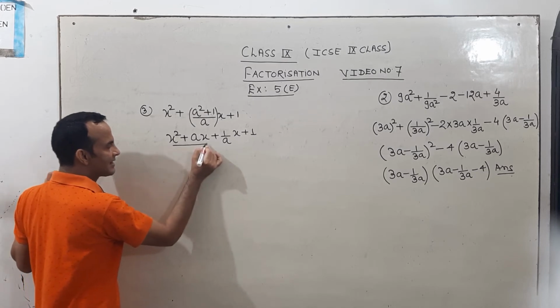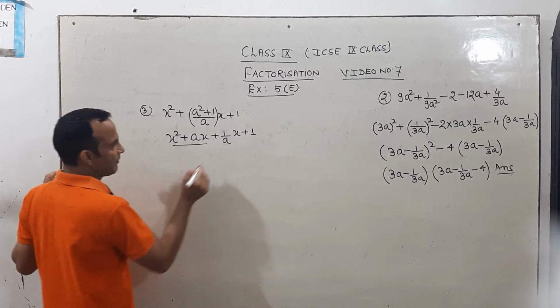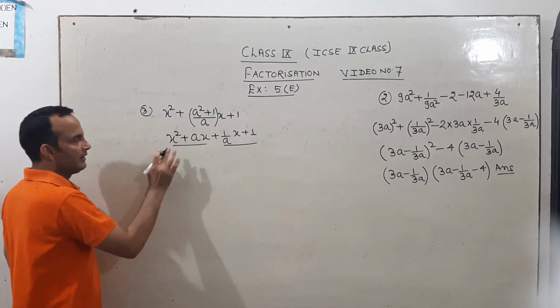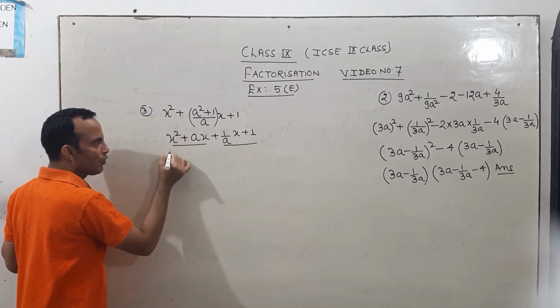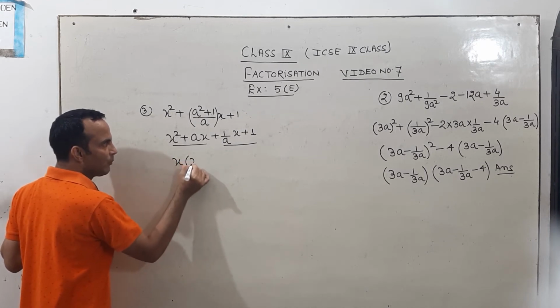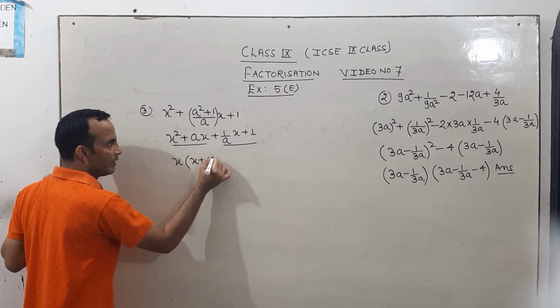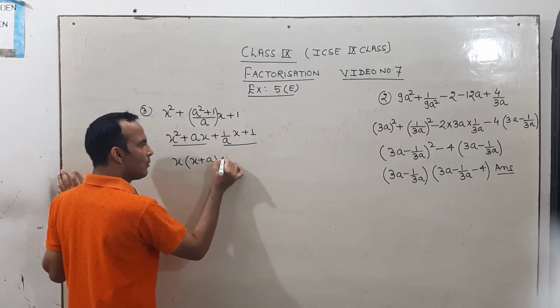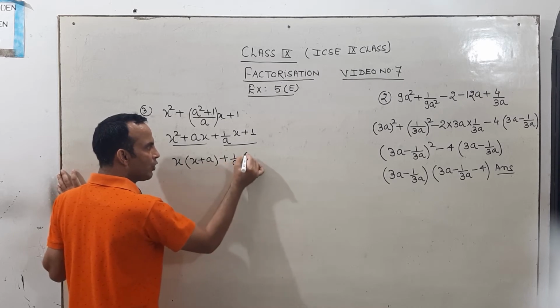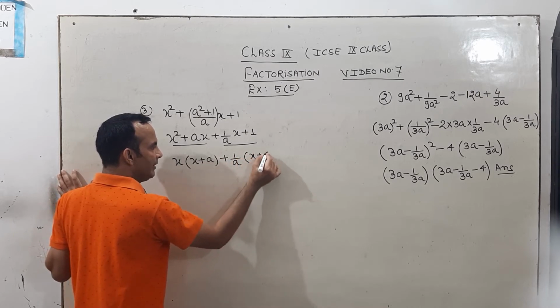Now see, if this section is considered as the first part and this section is considered as the second part, then in the first part you can see common is what? X. If x is common, then we obtain x plus a. And here you can take common 1 upon a. After taking common 1 upon a, we obtain what? X plus a.